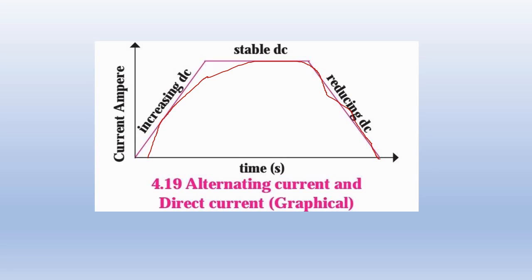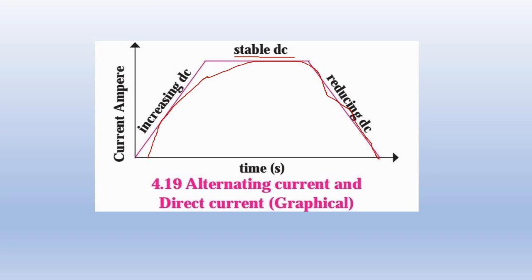Okay. Now let us represent this alternating current in terms of direct current. So here at the start the alternating current increases. So here we can say that we are increasing the direct current, and at some point, that is when it reaches the maximum, it is stable for a few seconds. So here we can make the direct current stable at this point.